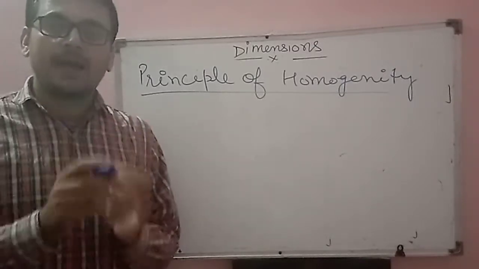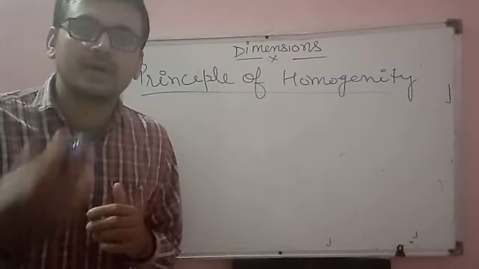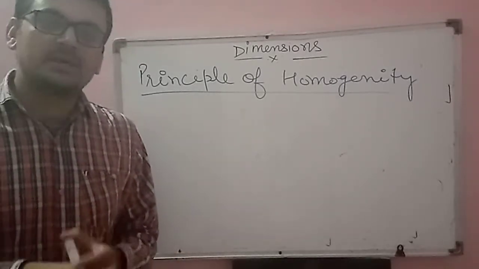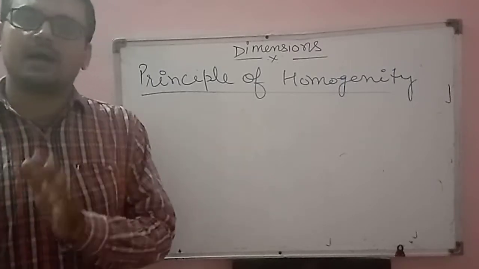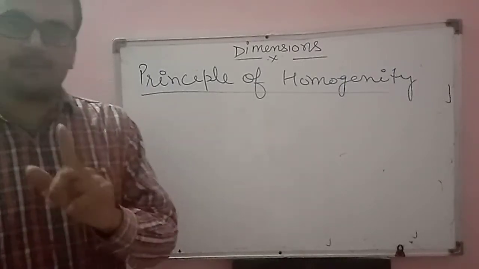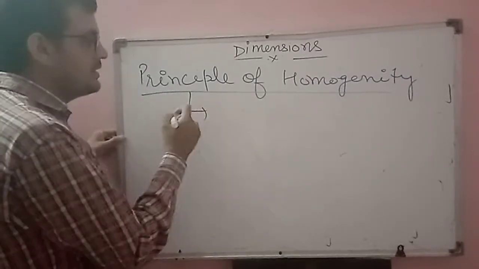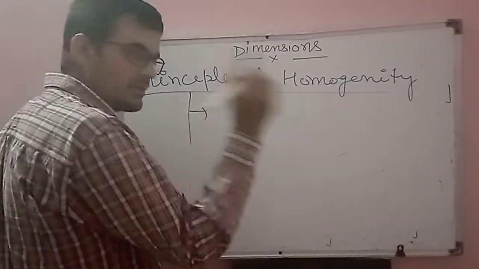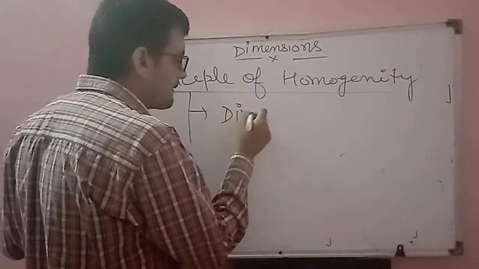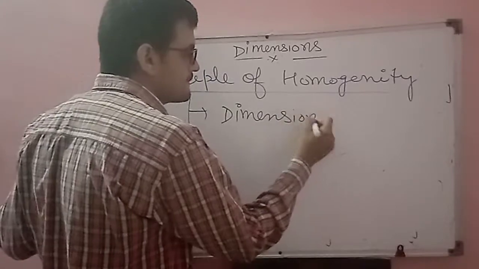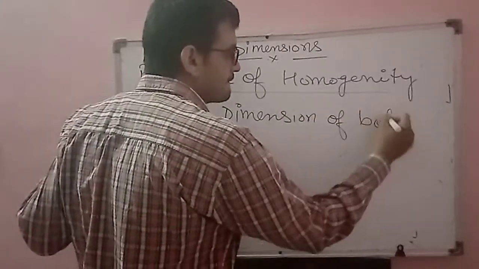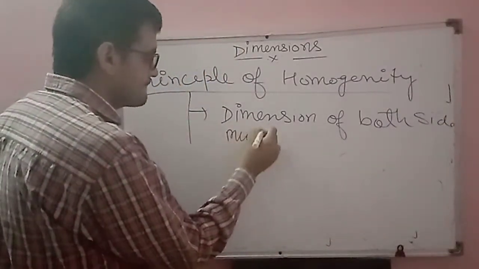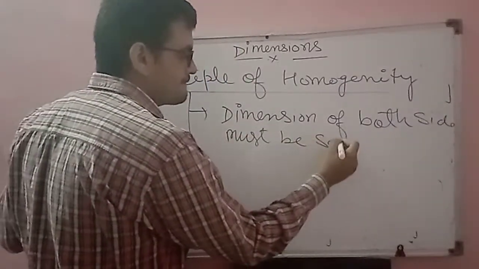And if any equation consists of more than one term, the dimension of each and every term must be the same. I am writing the definition in short. In any physical equation, the dimension of both sides must be the same.